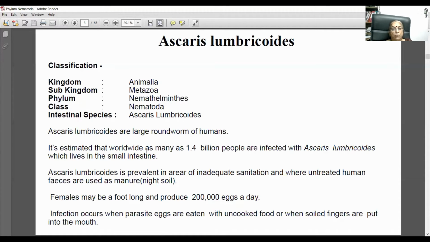Secondly, washing hands after going to the toilet is also very important, because if any person is having infection, he will reinfect himself if he is not following proper hygienic habits.